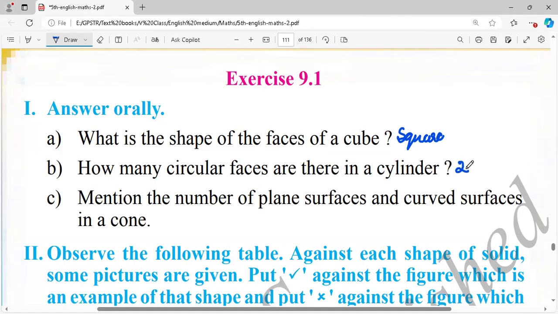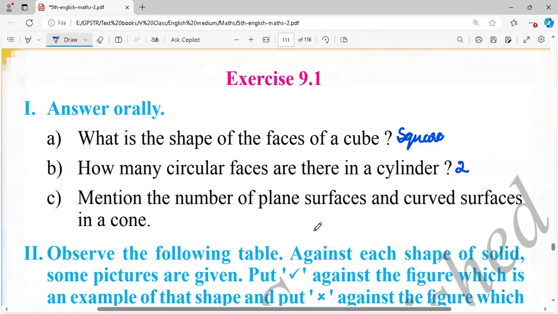There are two circular faces and one curved face in a cylinder. They are asking orally, right?